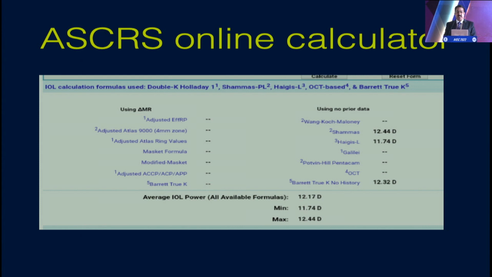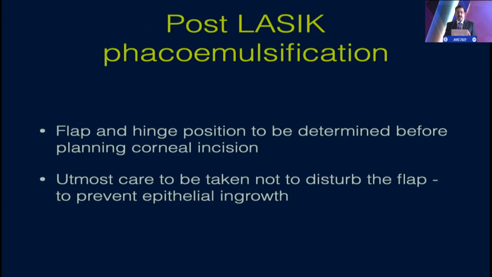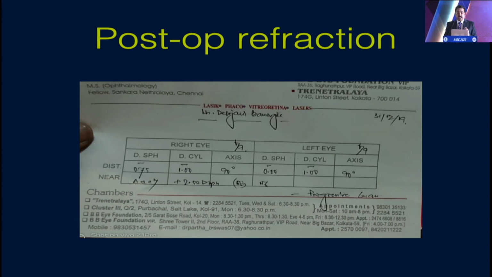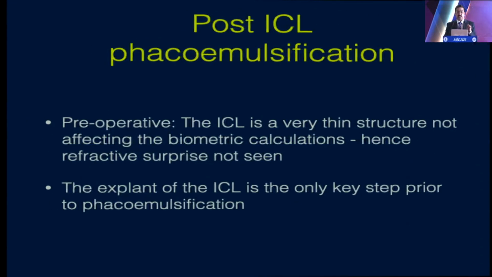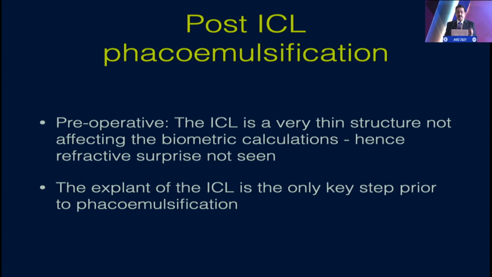The ASCRS online calculator gave us a 12 diopter, but we did implant the 15 diopter, and this was the post-operative result. Had we implanted the 12 diopter lens, we would have definitely been beyond the error. So again, to stress upon the fact that on-table retinoscopy is very important.